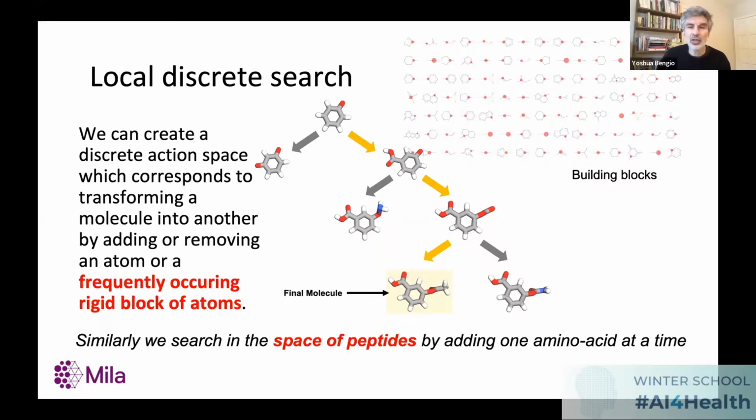And then searching how to add those pieces together is actually easier. In the case of sequences like proteins, peptides that are short proteins, we can just add one amino acid at a time. But even there it might be interesting to think about a more hierarchical structure behind how we search.